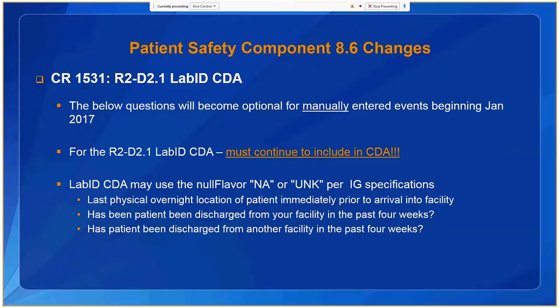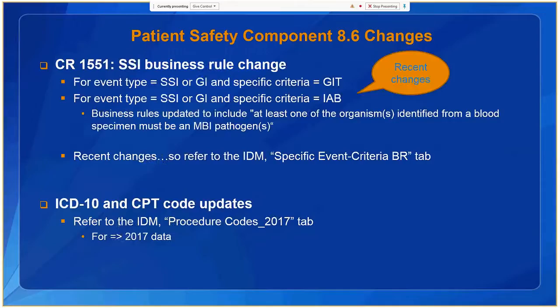Those rules are built in, so we can't just take them out, but you can always use the null flavor or unknown, whatever it is per the IG specification. But make sure you remember that it needs to stay in the CDA. It expects that format. Next slide.